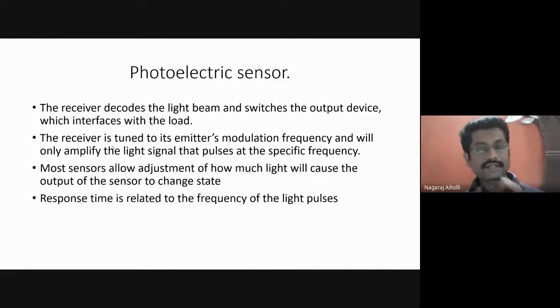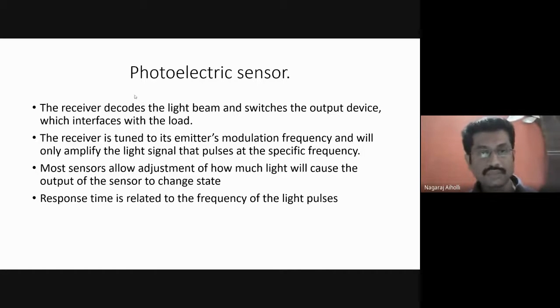We are tuning that frequency to the frequency that is transmitted from the transmitter antenna. That means both are in synchronization, both at the same frequency. Tuning means the receiver is able to sense only that signal which is sent by the transmitter, and it eliminates the other signals. This particular process is called the tuning process, right?